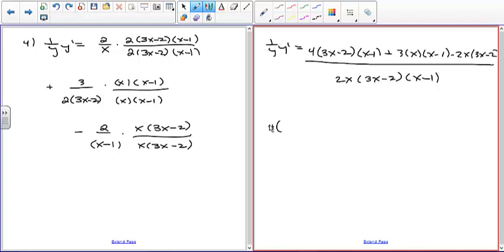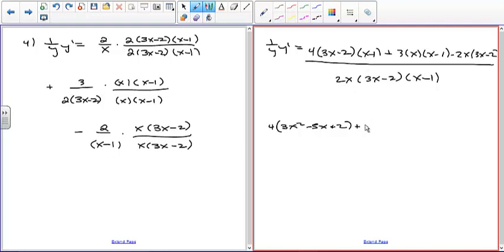So keep an eye on me, make sure I'm doing this right. So I'm going to use FOIL to do this. So I'll get 3x squared minus 2x minus 3x, so that's minus 5x, plus 2. 3x squared, negative 2x, negative 3x, negative 5x, plus 2. Okay.